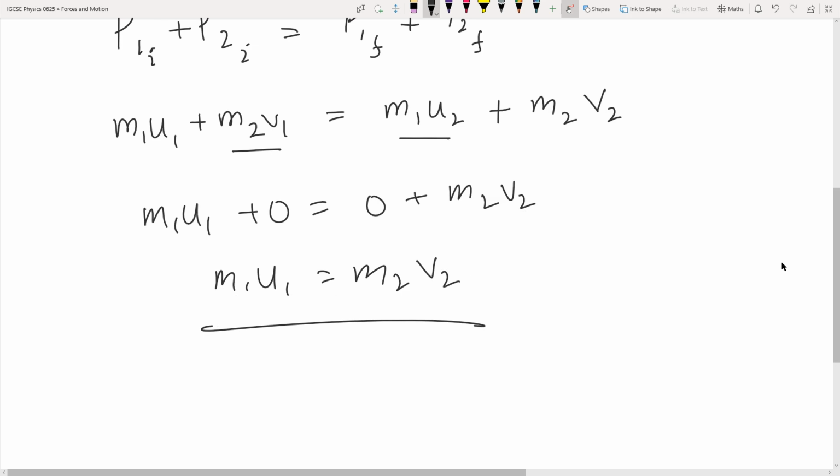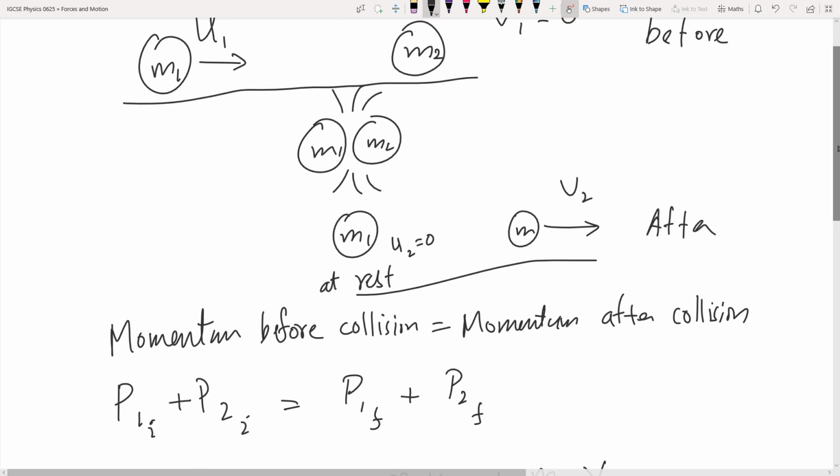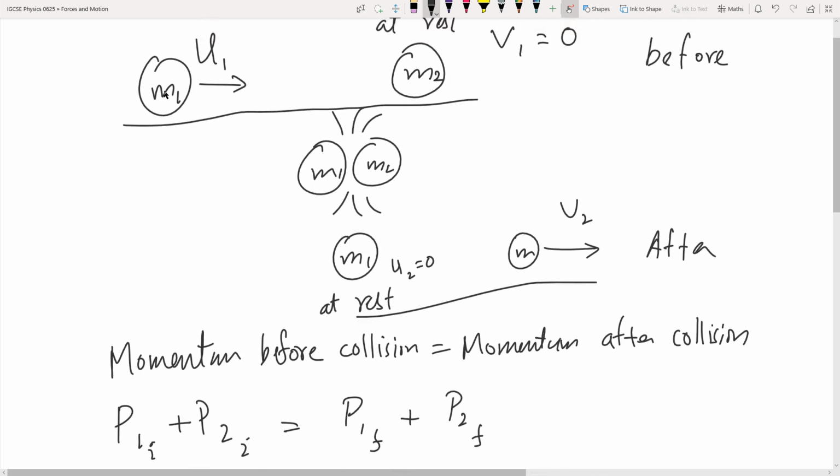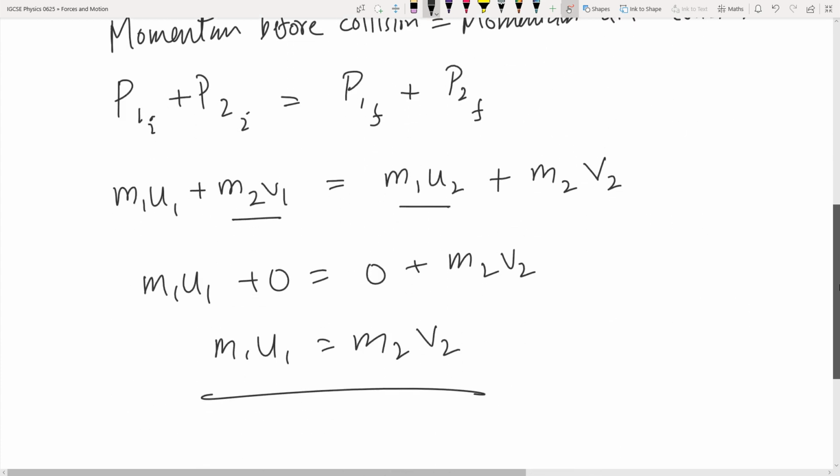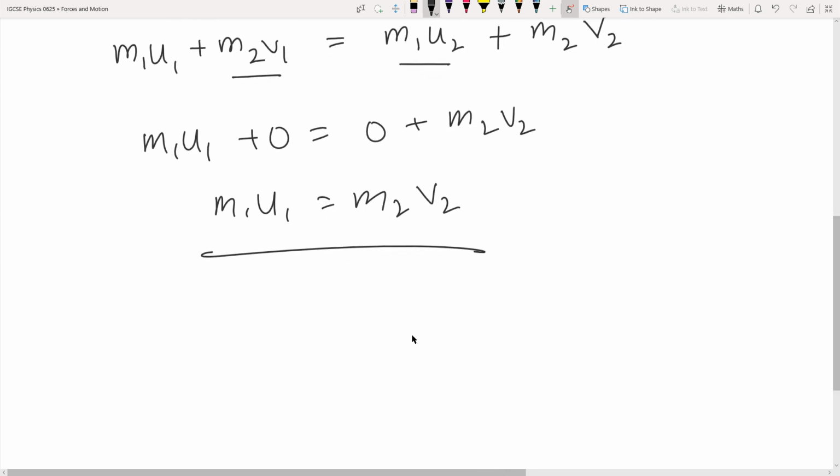Now there are several applications in which one was at rest and the other was in motion. What if they were not at rest? What if m1 was traveling at u1 and m2 was traveling at a lesser velocity of v1?